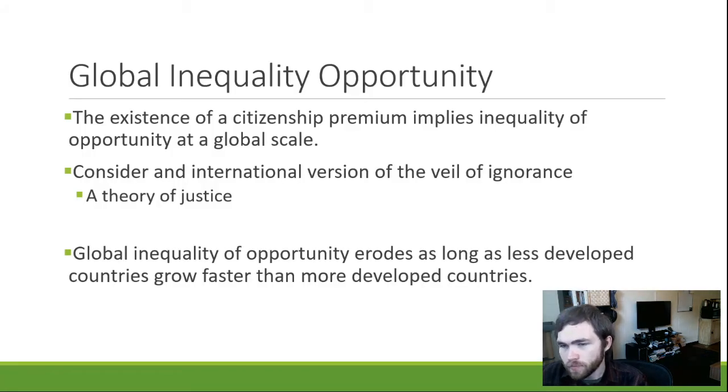And so another way we can think about this is a great inequality of opportunity at a global scale. A helpful thought experiment here is thinking back to John Rawls's theory of justice. John Rawls had this idea that whenever you're making policy within a country, to think through the justice implications of it, you should imagine yourself outside the country behind what he called a veil of ignorance.